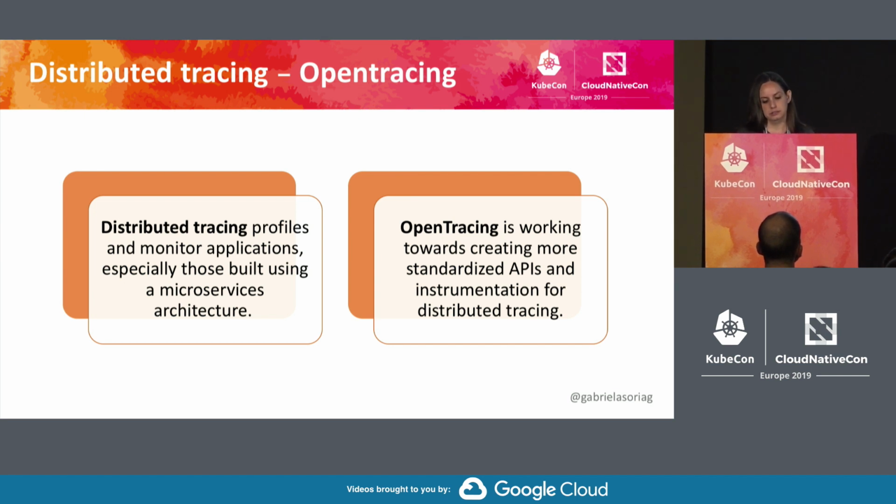On the other hand, OpenTracing is a project sponsored by CNCF that provides a standardized API to allow to write the traces in a vendor-neutral way. This means that if we decide to instrument our application today, and today we choose one tracer implementation, and in the future we need to change it, we don't have to change anything in our application except the tracer implementation.